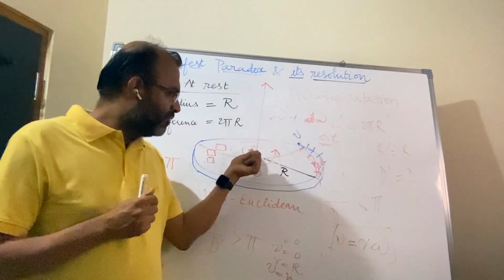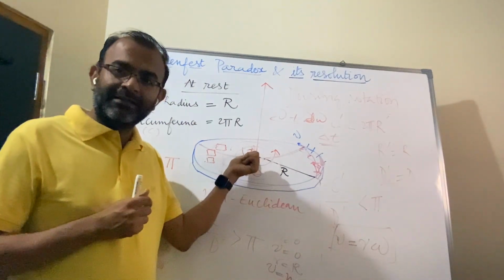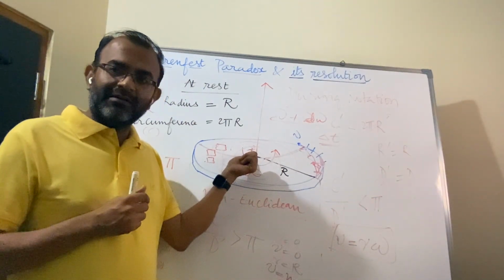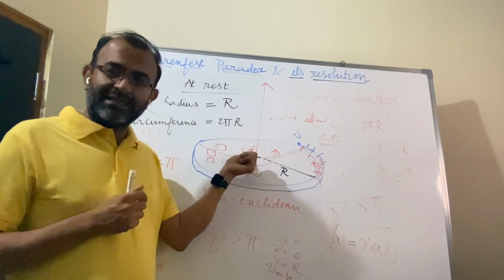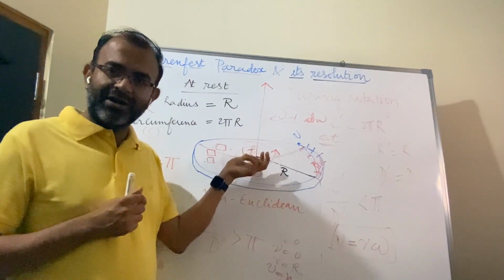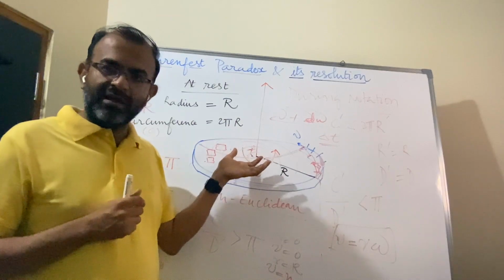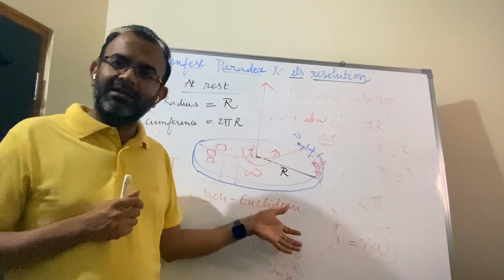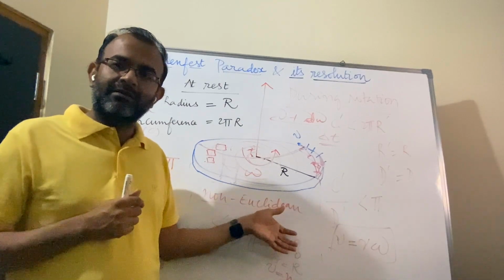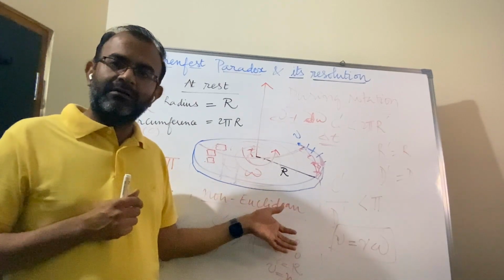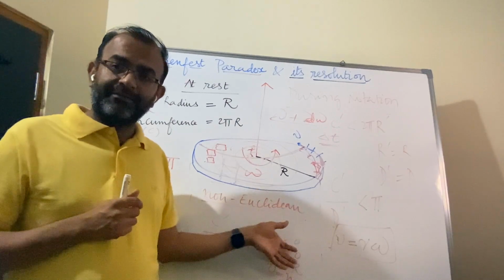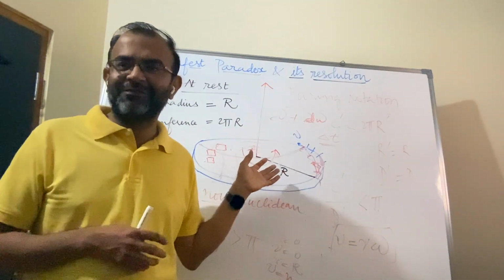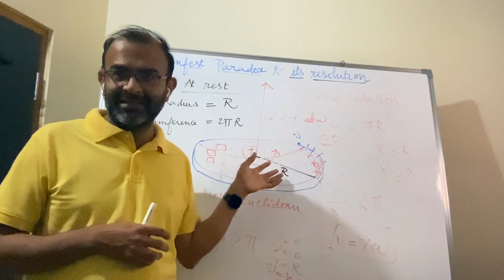For example, an observer on this disk can claim that his disk is not accelerating or rotating, but it is in a gravitational field. And any observer who is inertial with respect to the disk is free falling. That forms the essence of what is called the principle of equivalence.